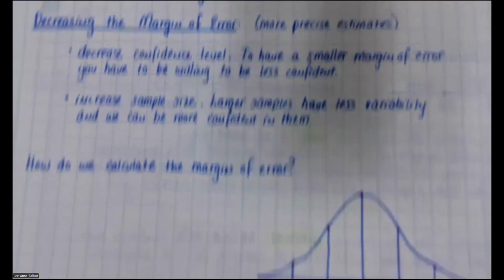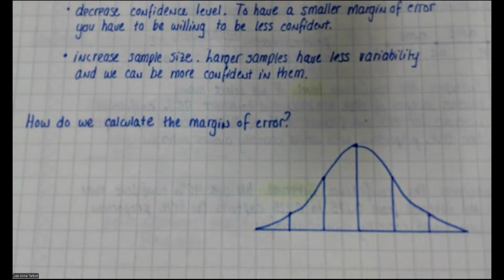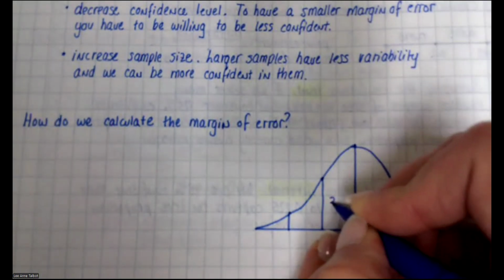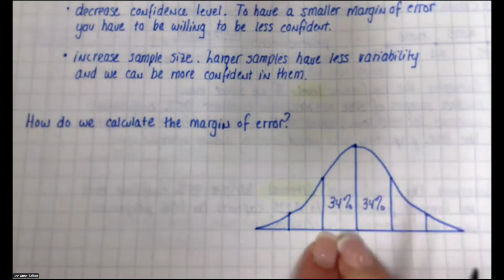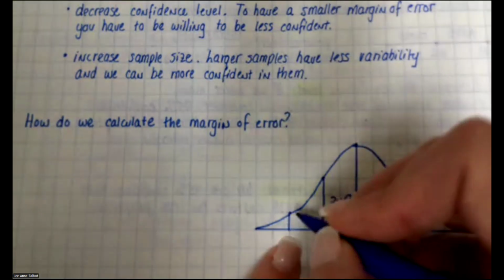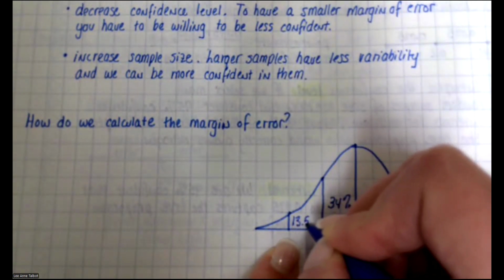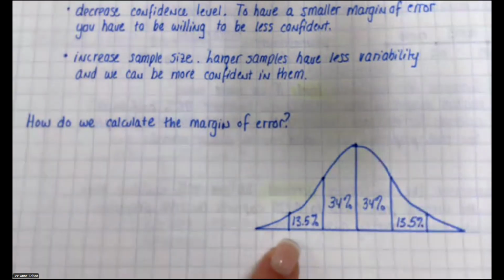The first thing we're going to do is look at some chapter 2 stuff, your favorite, and I'm going to remind you that in the normal curve, these areas are 34%. And these are 13.5-ish.